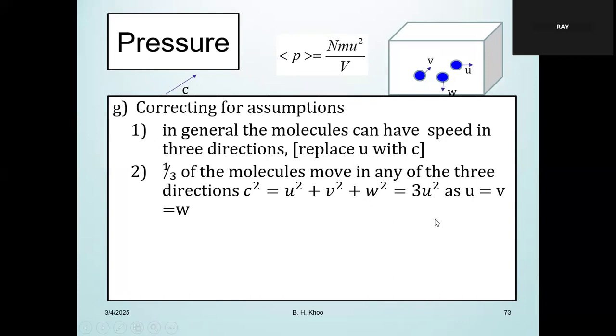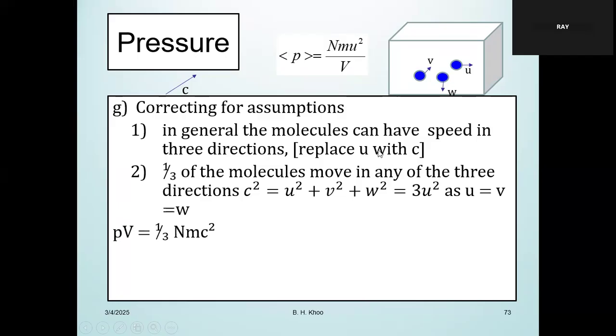And then there's no reason to expect that they are going to be different. The mean speed in any of the 3 directions must be the same. So we put U equals V equals W. So that's why we get this one equals 3U squared.